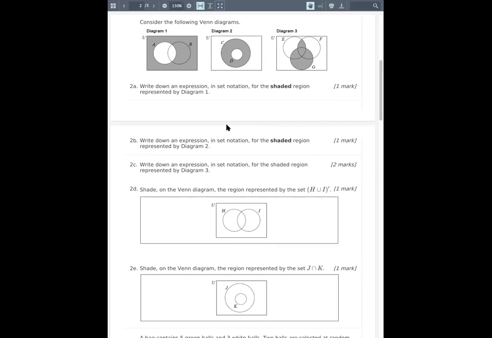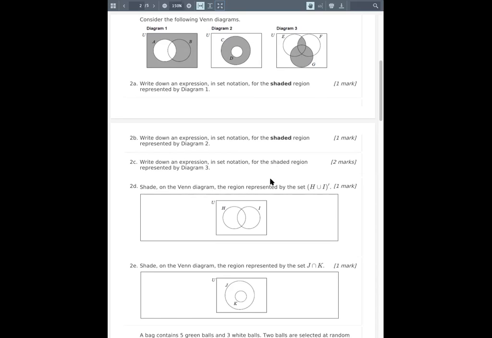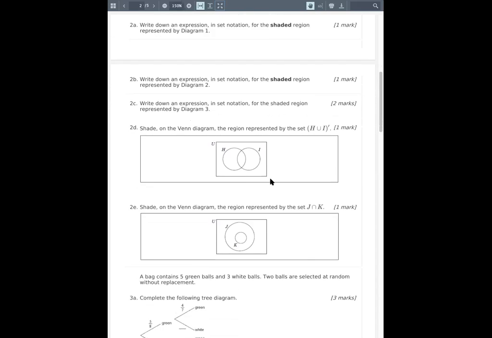So if it was C intersection D, that would just be the D circle shaded, because that's what they both share in common. Yeah. Okay.